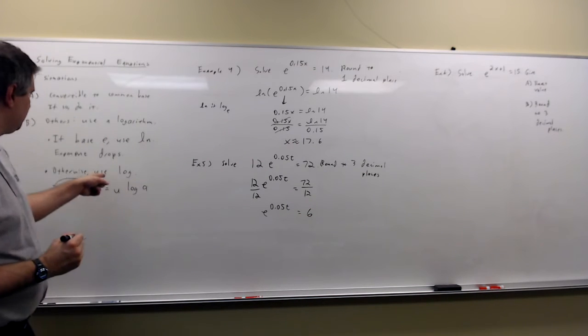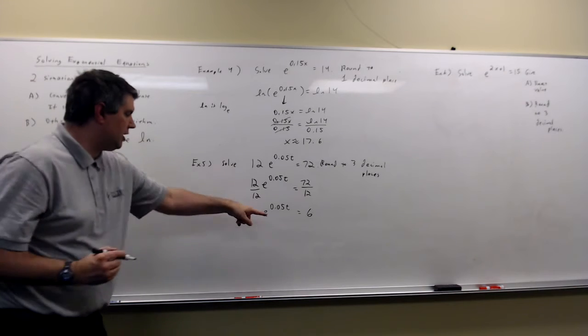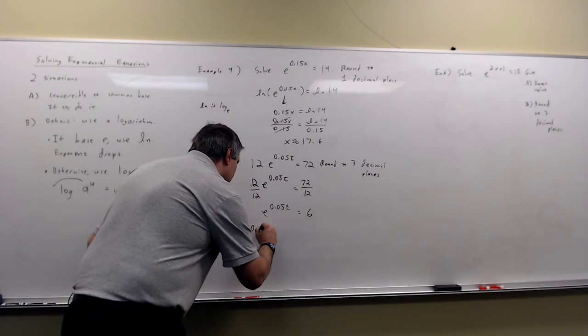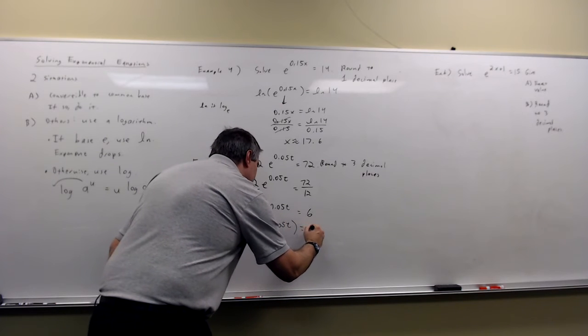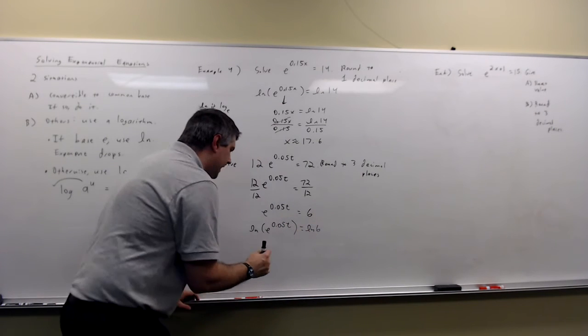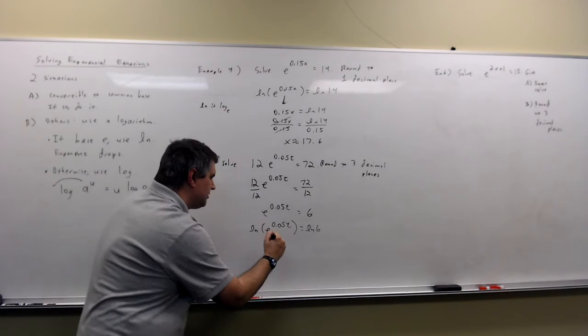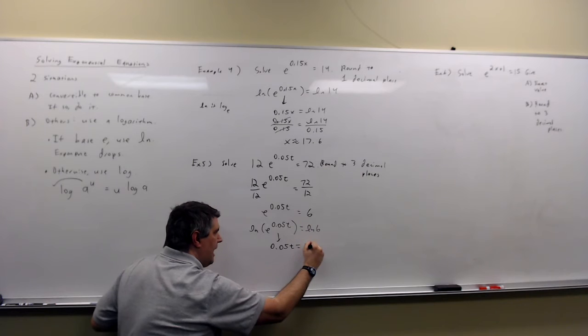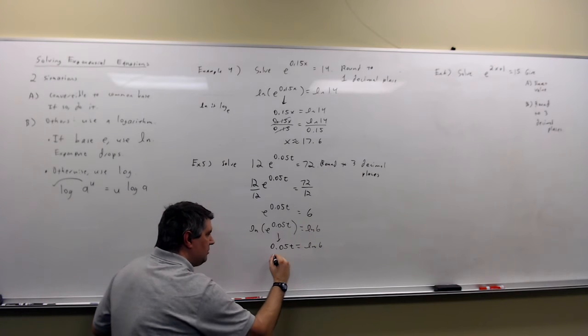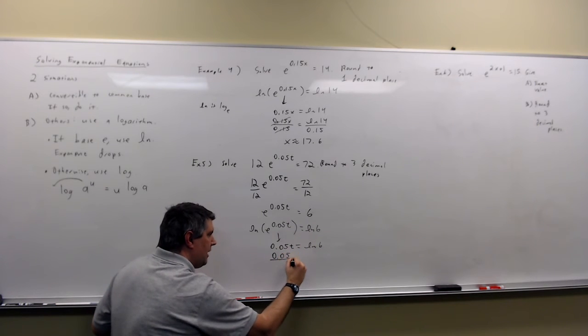All right, same as before. It's base e, so we're going to use a natural log. Since that's log base e, that allows us to take the 0.05t out of the exponent. The final step is to simply divide off the 0.05.